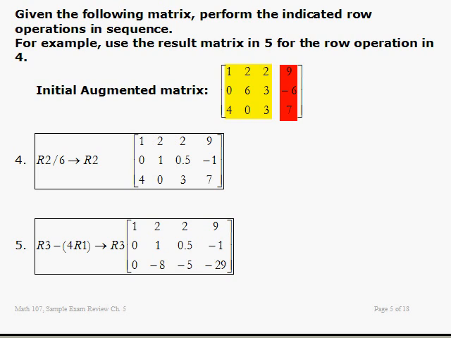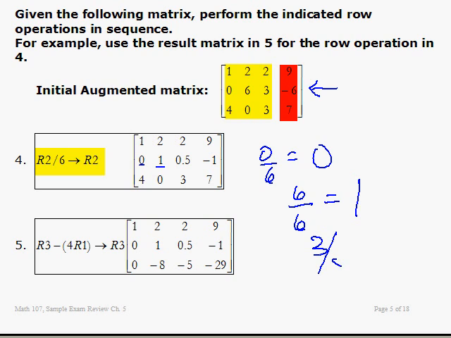So you start right with that, and you do a row operation. Take row 2, divide by 6, and stick the result back into row 2. Alright, so I'm going to try that right over here. I take row 2 and I divide by 6. So here's row 2. So 0 divided by 6 is still 0. 6 over 6 is a 1. 3 over 6 is a half.